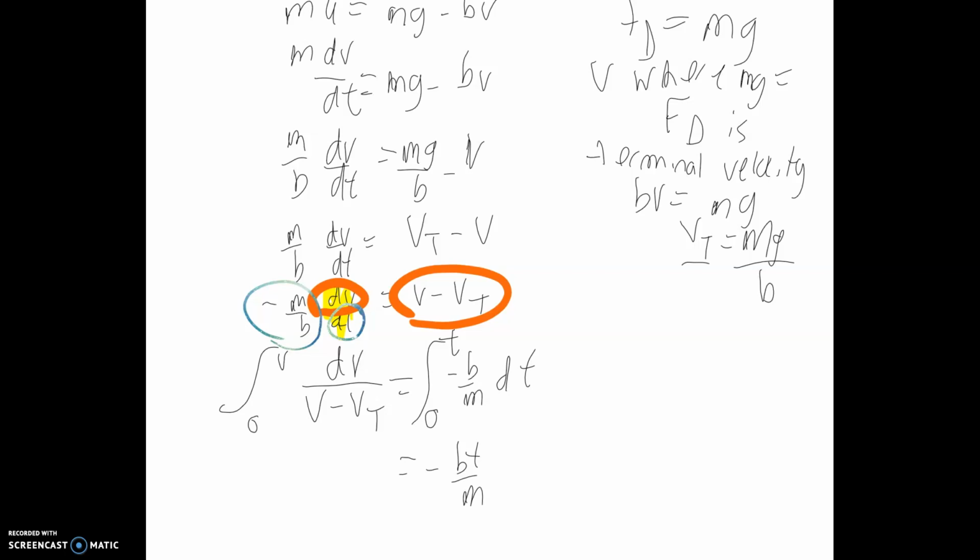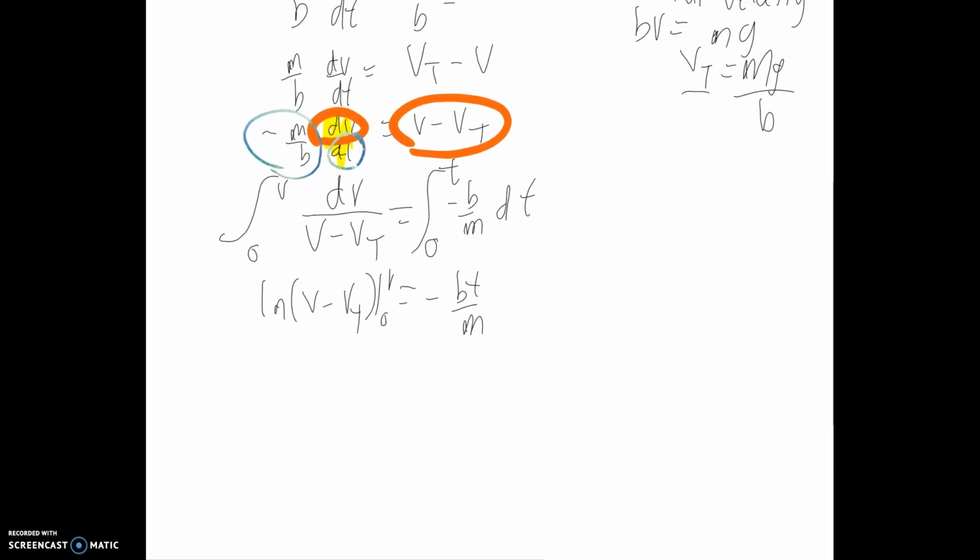And the left-hand side, remember, is just going to be the natural log. So it's going to be the ln of v minus vt evaluated from 0 to v.